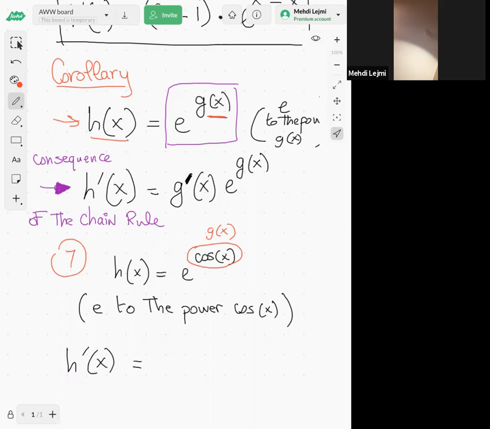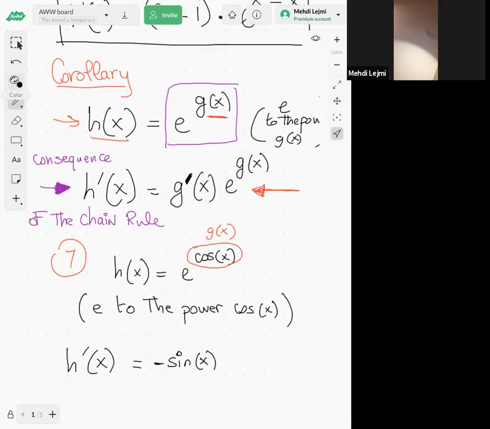Then the rule is the following. The derivative h prime would be g prime times e to the g of x, right? So what would be g prime? g of x is cosine of x, so g prime of x, the derivative of cosine of x, we know it's a minus sign, so it's minus sine of x.